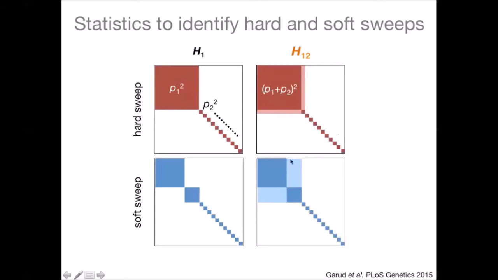And through extensive tests in simulations where we varied the partial frequency, the selective pressure, and the age of the sweep, we were able to see that H12 has very good power for detecting recent and strong selective sweeps, and especially hard and soft sweeps, both of them together.